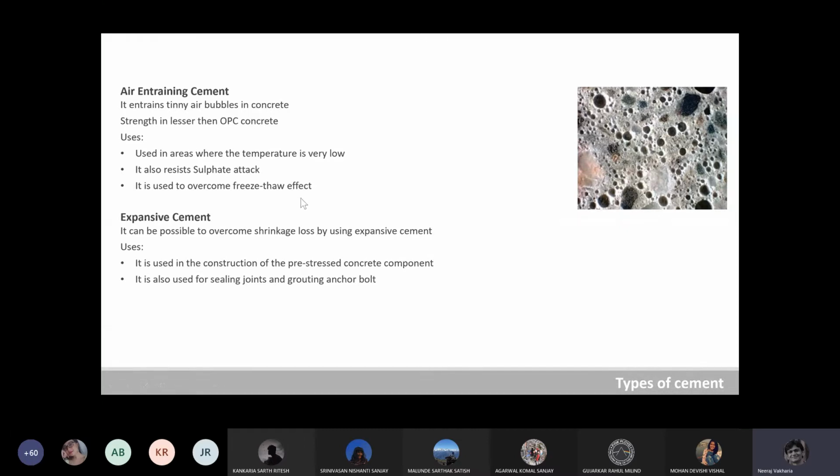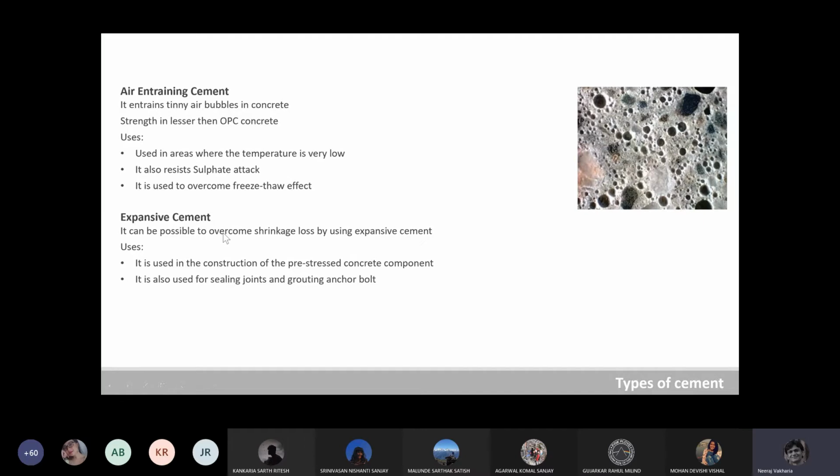Whenever the water content inside gets space to expand in cold conditions, when the temperature goes below zero, the water turns into ice and it expands. So that space has to be there in concrete, otherwise we might see cracks in it. That's why air entraining cement is used.